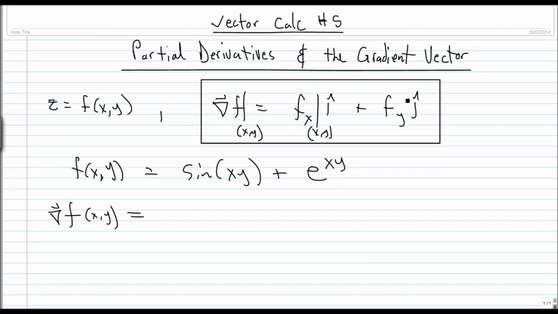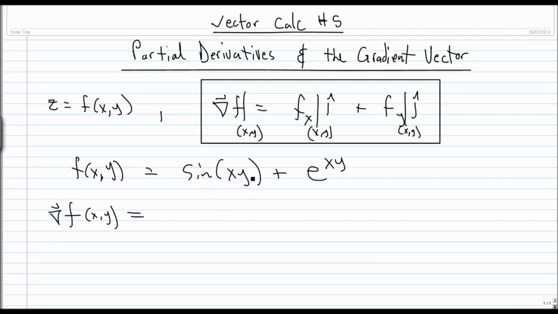So everywhere on the function f, on that surface or whatever it may be, there's going to be a vector that points in some direction. So here the gradient of f is going to be, well, let's do it.